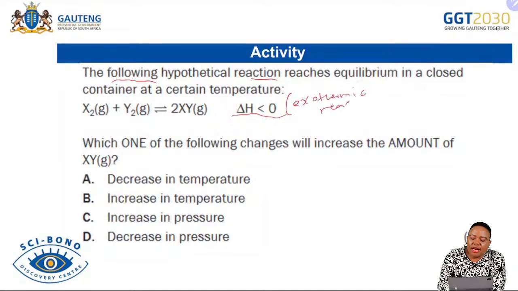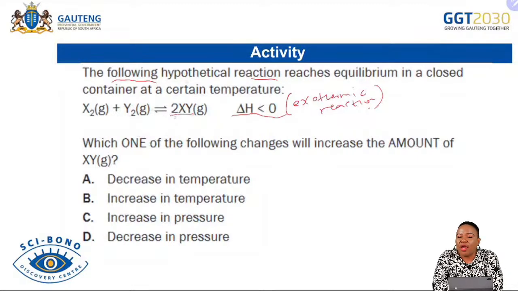And if this is an exothermic reaction, we know that the only way to favor the forward reaction, whereby we look at the production of 2XY, is to decrease the temperature. And then we can also look at other factors. If you increase the concentration of one of the reactants, we also expect the forward reaction to increase.